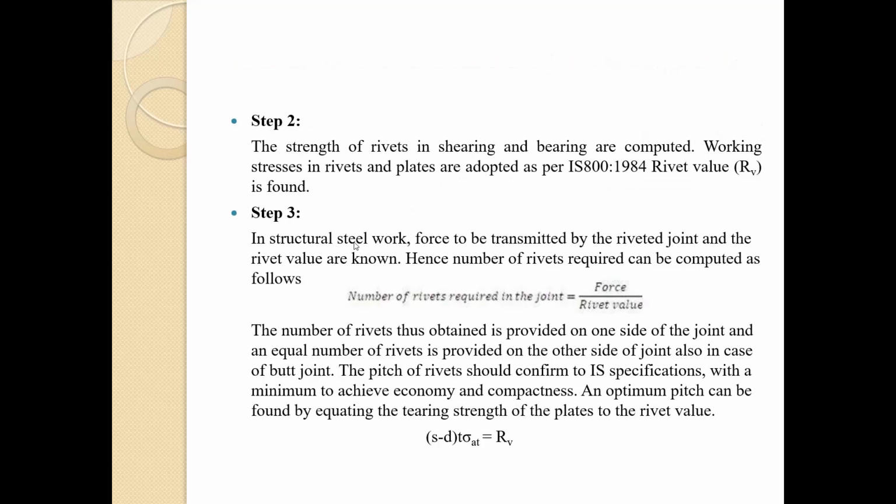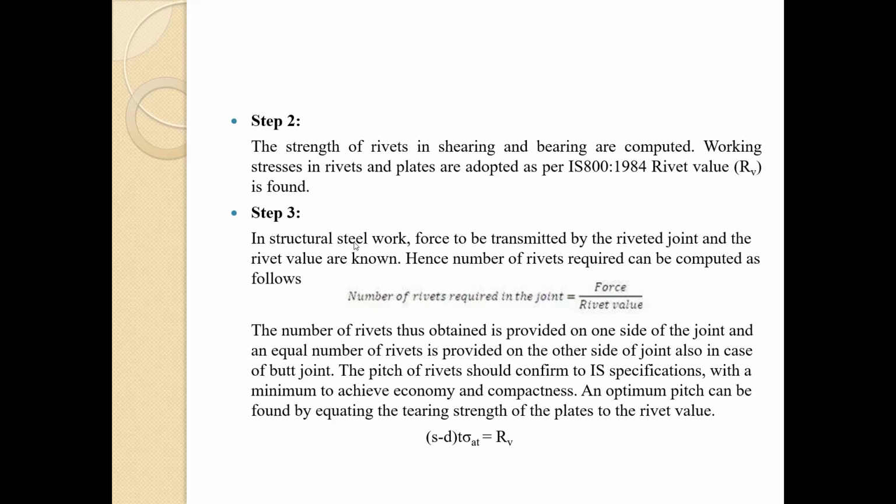Now step 2. The strength of rivet in shearing and bearing is computed. Working stresses in rivet and plates are adopted as per IS 800 1984. As we have seen already, the permissible stresses have been given, so according to that we adopt them, and from the strength in shearing and bearing we can compute the rivet value.